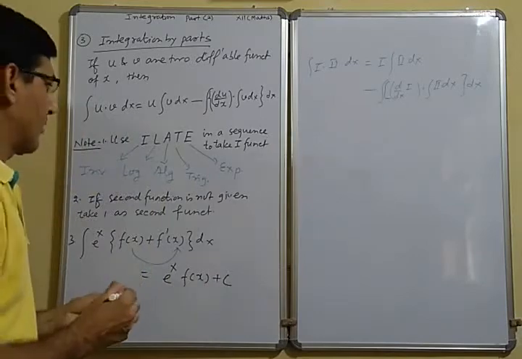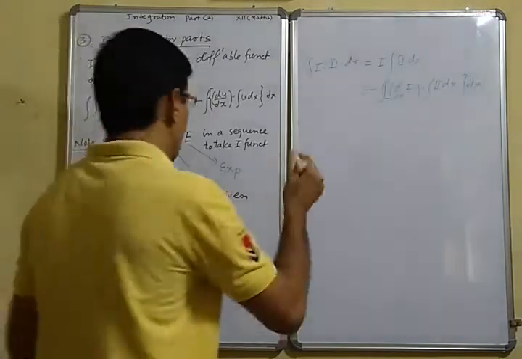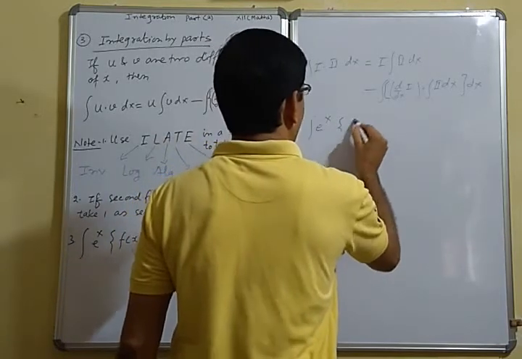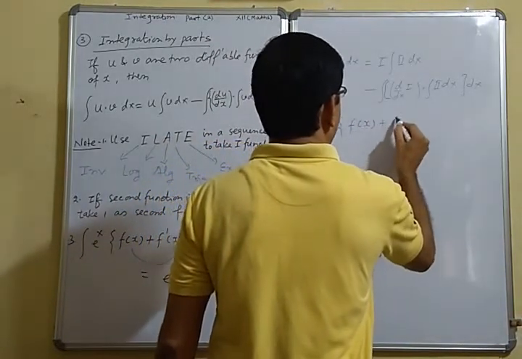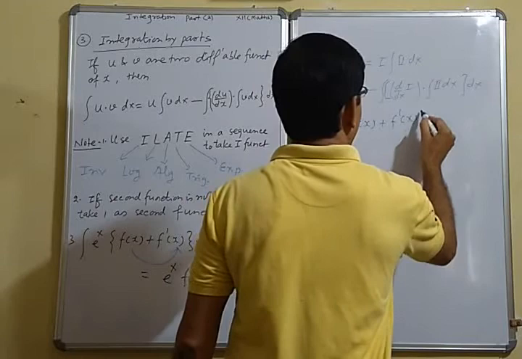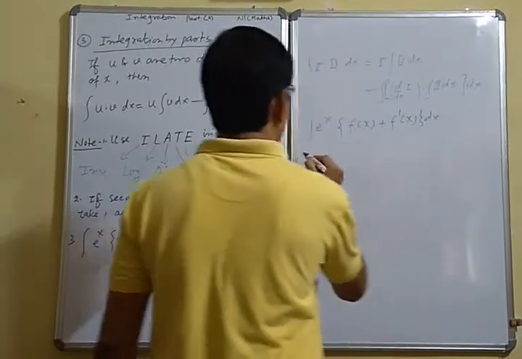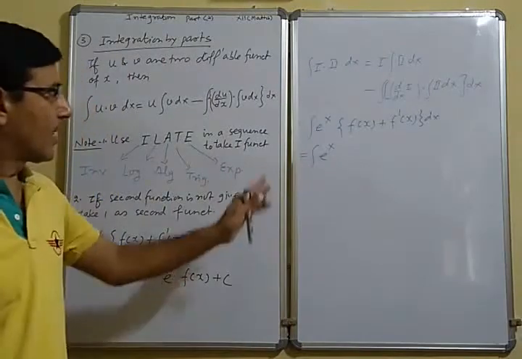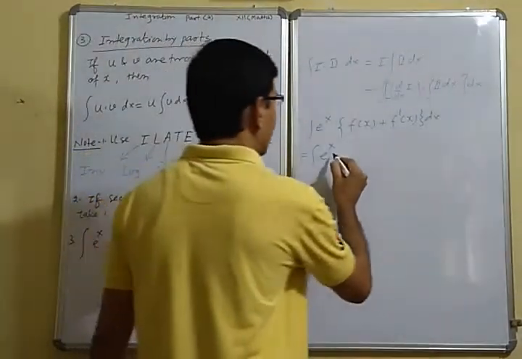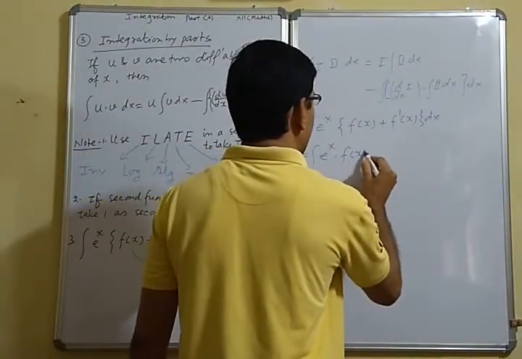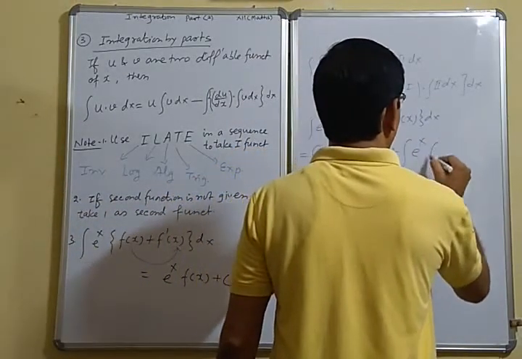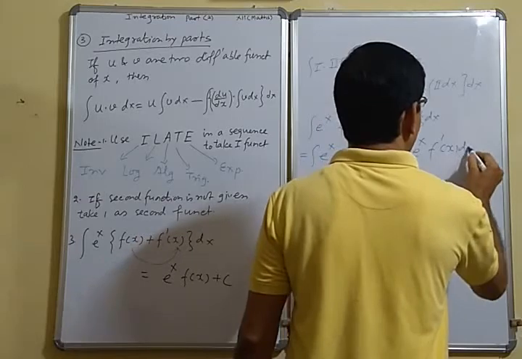Now let us see its proof, how we get this result; this will be used in numerical problems. Integration of e raised to power x (f(x) plus f dash x) dx we can write as integration of e raised to power x f(x) dx plus, separately, e raised to power x f dash x dx.